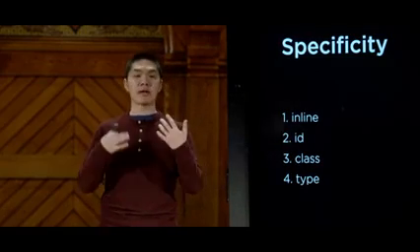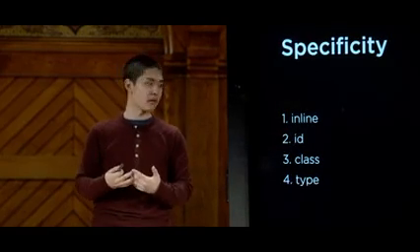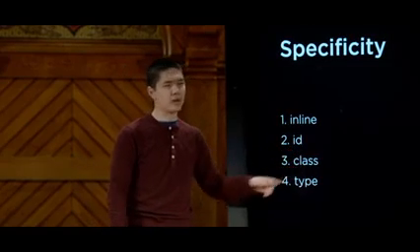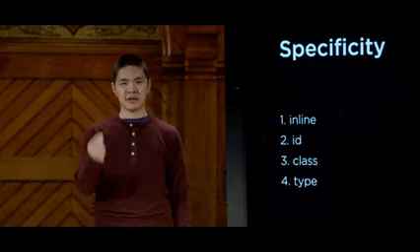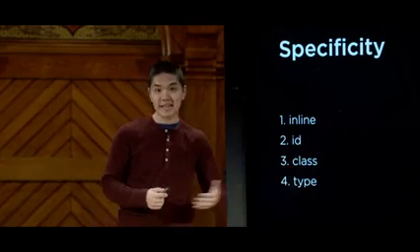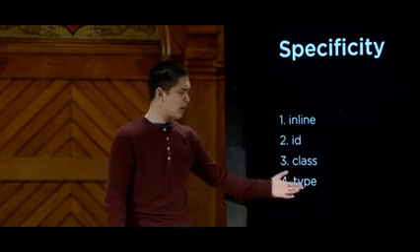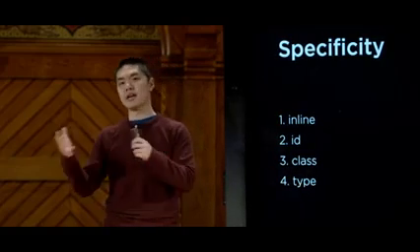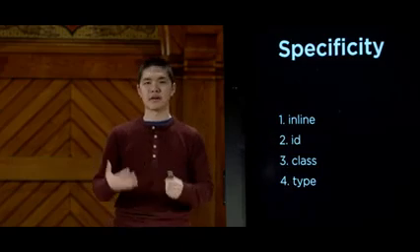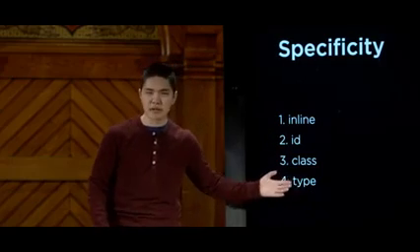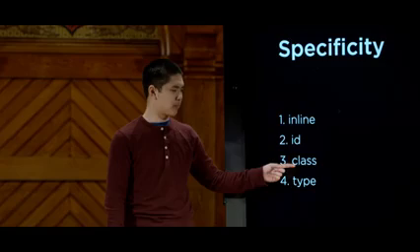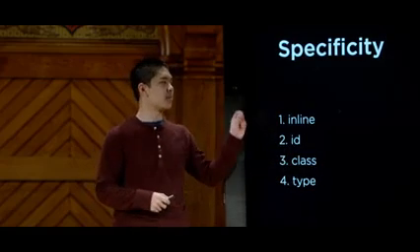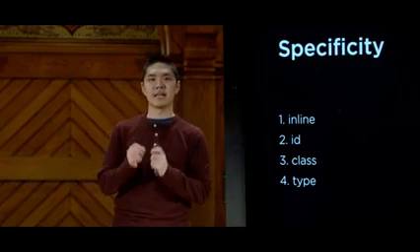This often happens when we start to add IDs and classes to our elements as well. When we deal with specificity, there's an order of precedence that we can follow for determining what style should ultimately be applied to any particular element. The first, most powerful, most specific way of referencing an element is inline styling, literally adding a style attribute to our HTML elements the way we did way at the beginning when we were first taking a look at CSS.